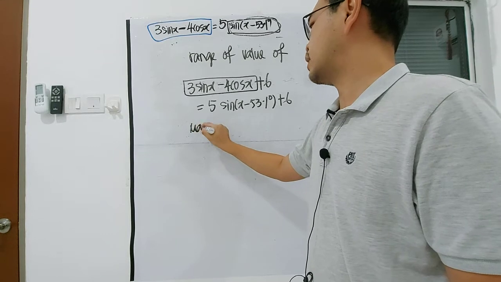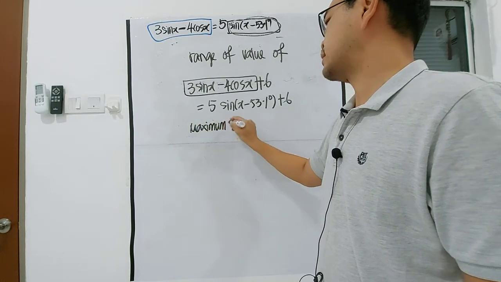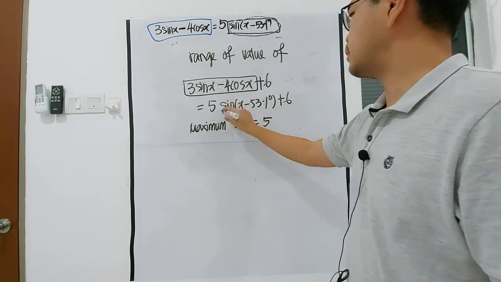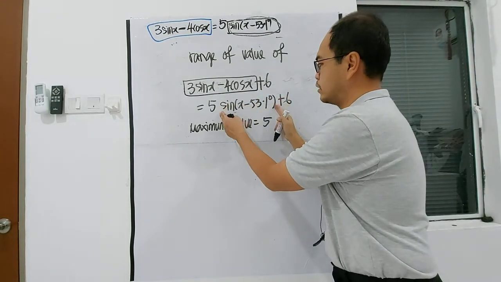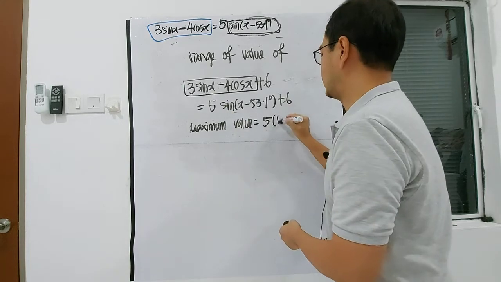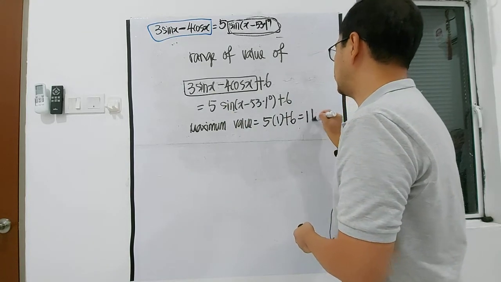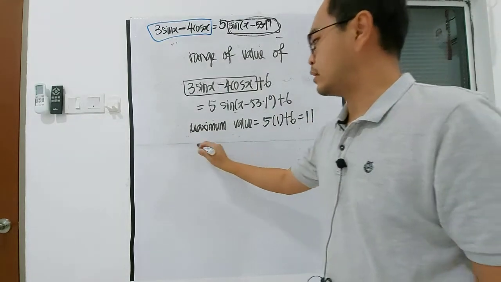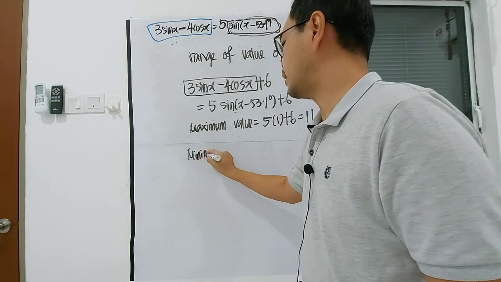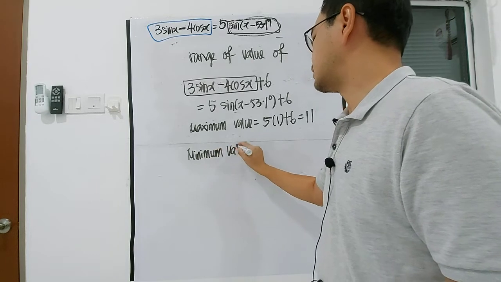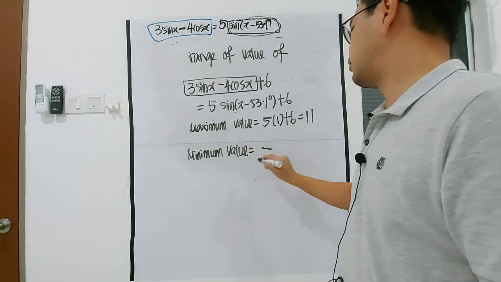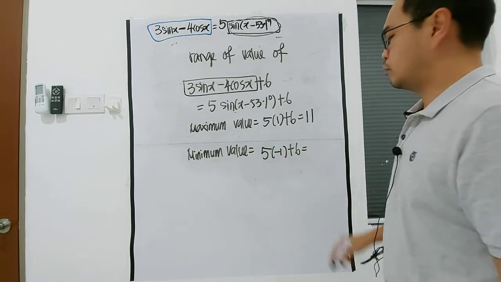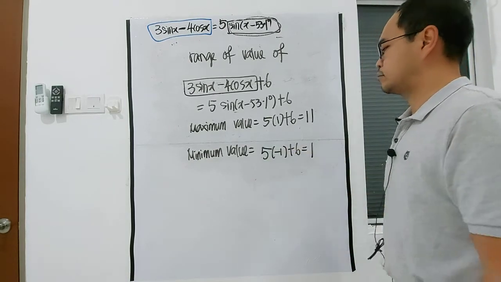So the first alternative is maximum value. You just substitute this with 1 because the maximum value for this is 1. If you substitute with 1, definitely you will get 11. So the minimum value, you substitute by 5 multiply negative 1 plus 6, which equals 1.